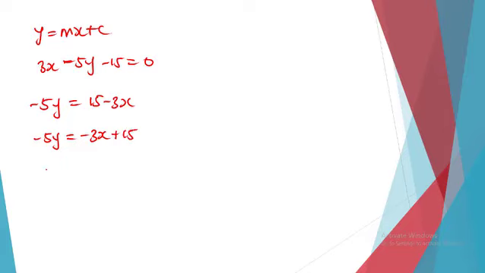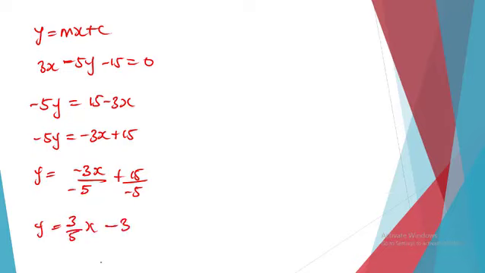It's just the same thing. Therefore y equals minus 3x over minus 5 plus 15 over minus 5.